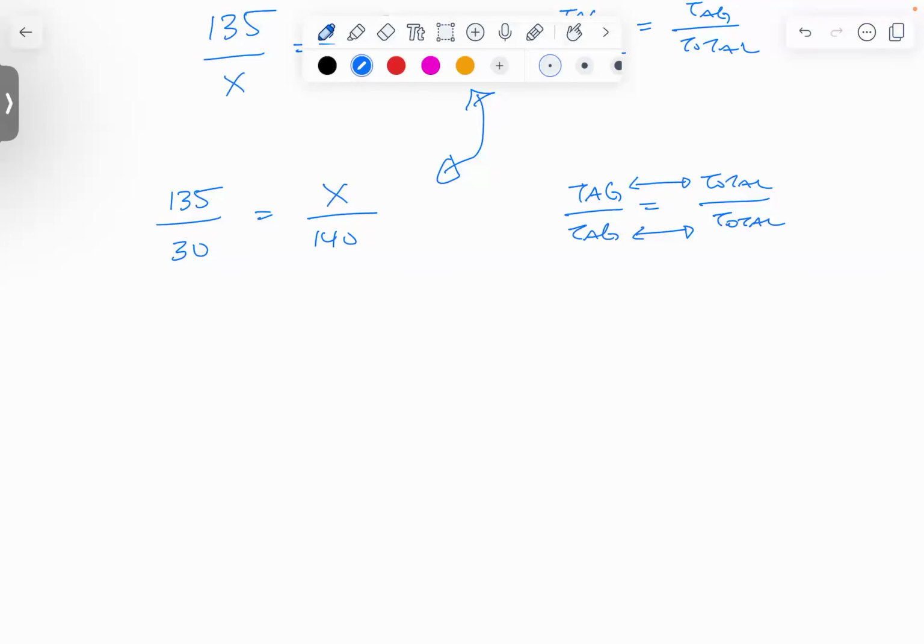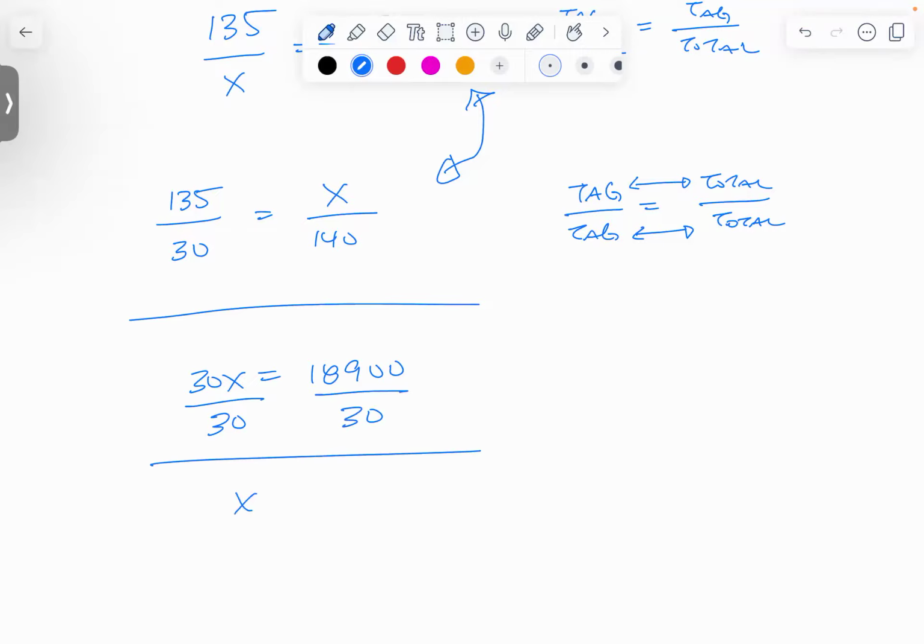Regardless, once you're there, we can cross multiply 30 times x and 140 times 135 and then divide by 30. So basically that means our count is 630 total deer. And that's how we can use proportions in context.